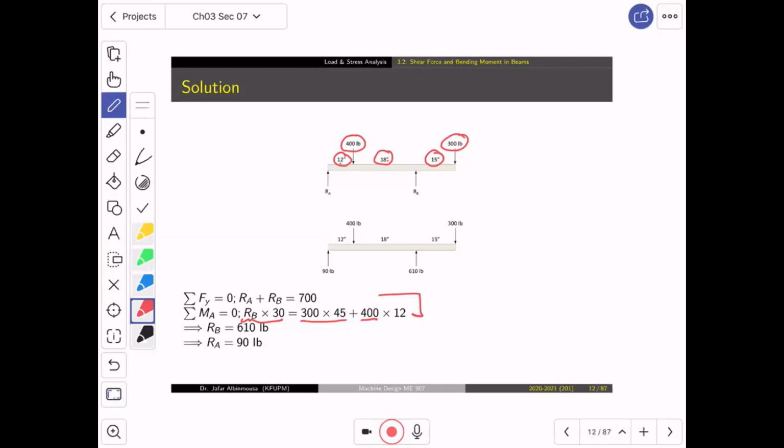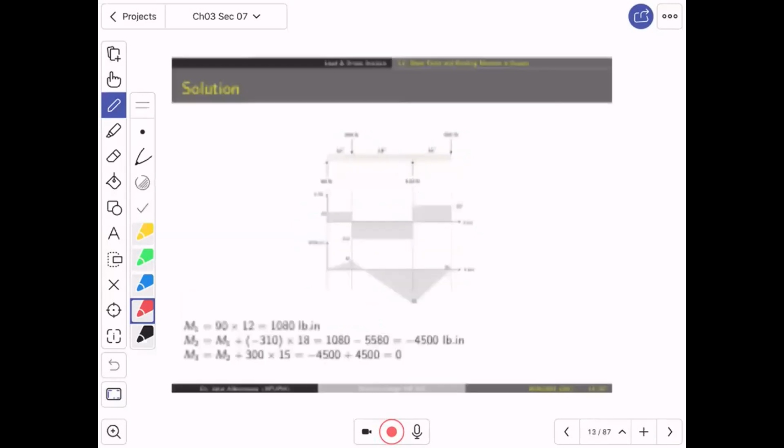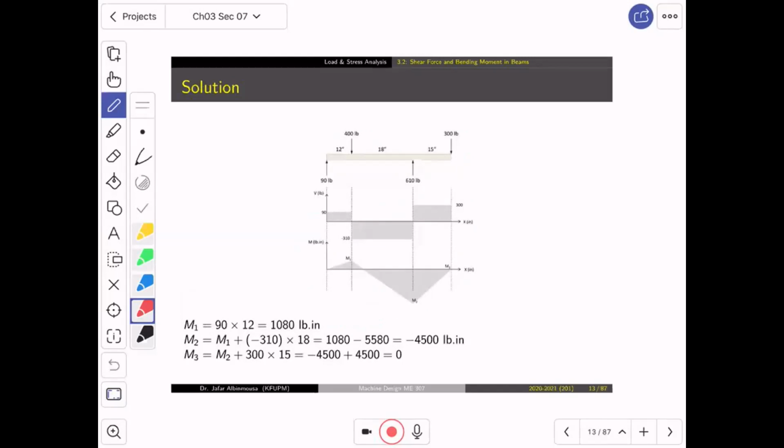This is now the complete free body diagram with the reactions determined. Right or not? 90 pounds and 610 pounds acting in the upward direction. Now, when you determine all the reactions, you are now ready to establish the shear force and bending moment diagrams.